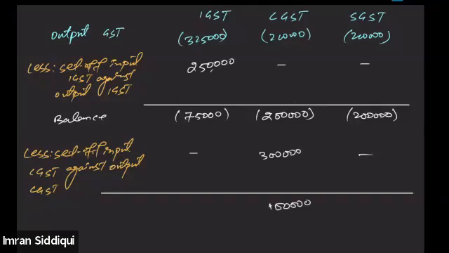And this 1 lakh now will be adjusted with the output IGST that is available after setting off the input IGST. This amount will be adjusted with the balancing figure. Okay, so let me show you how we'll do that. First of all, let me write down the balancing figures.